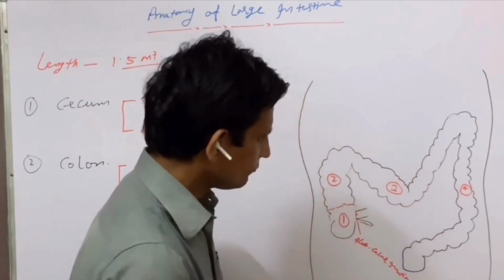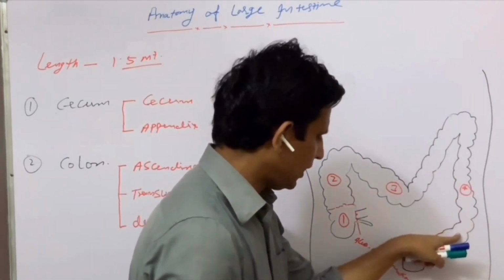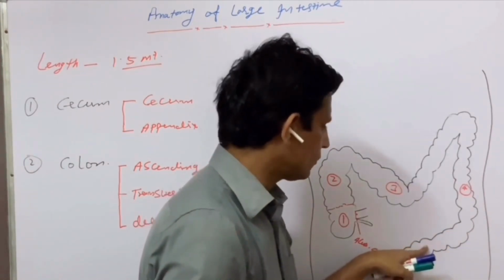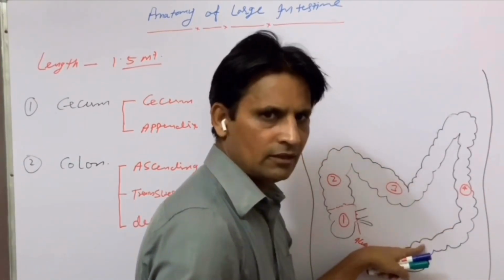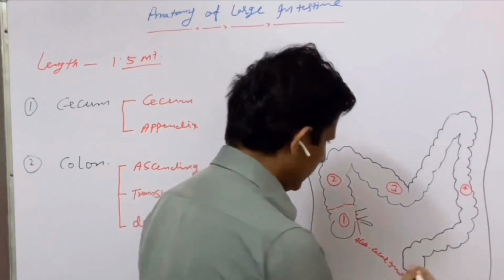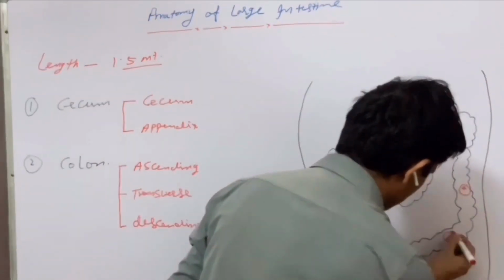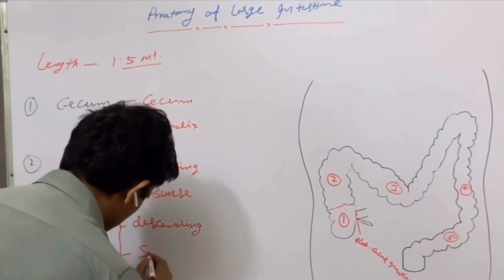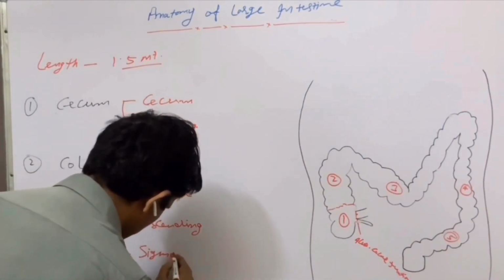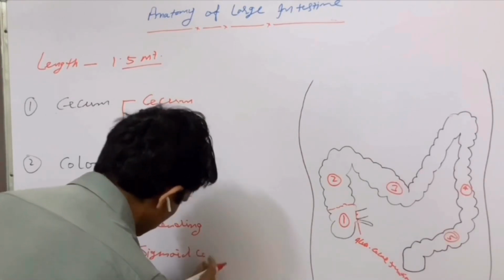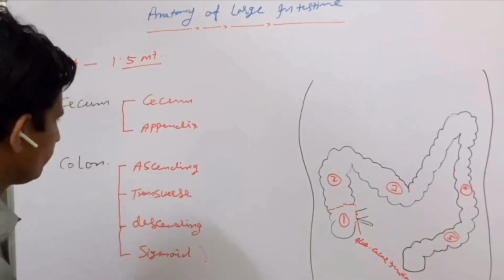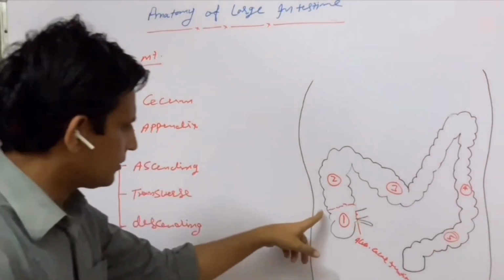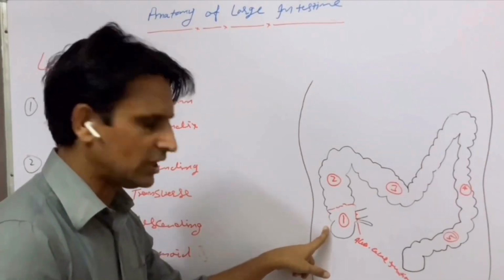And from here, this part runs almost horizontally towards the midline. This portion is known as the sigmoid colon, right? So the first part is the cecum.